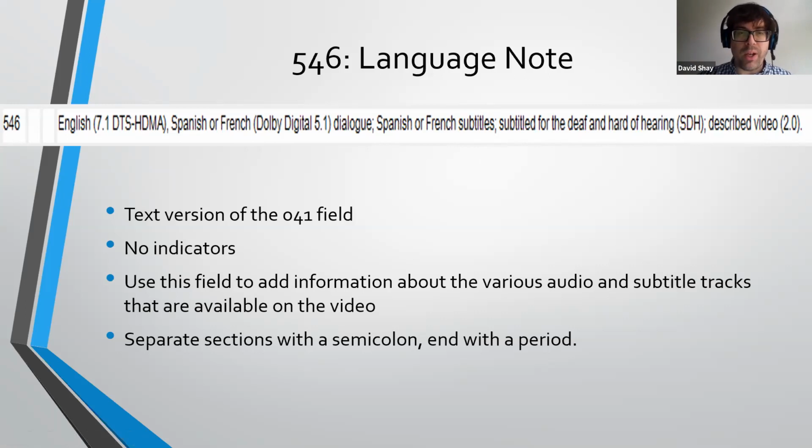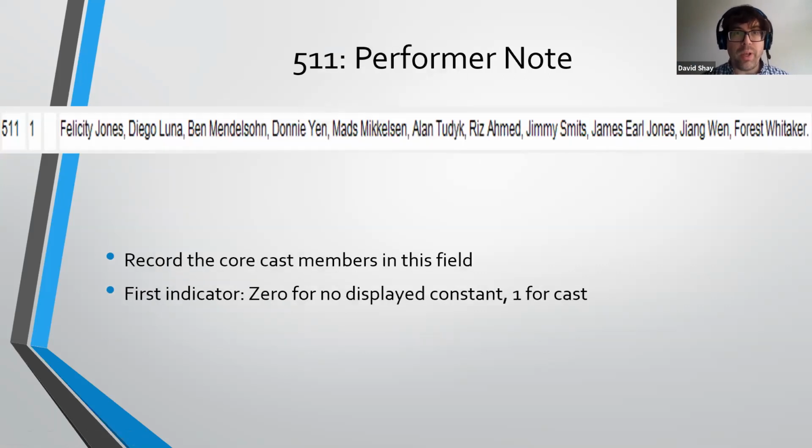So yeah, anything that you might cover in your 041 field, this is your opportunity to display it in plain text. 511 performer note, first indicator 1 to display that this is the cast. So we have the primary actors in the film.